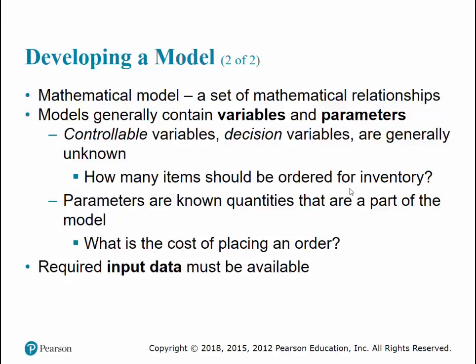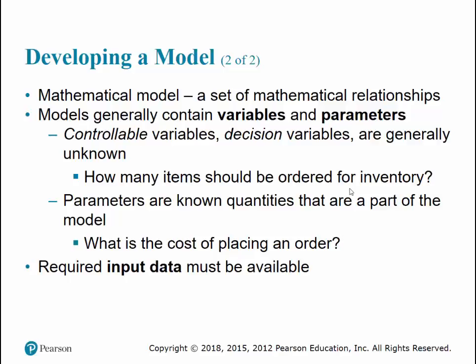Now, as a marketing manager, you need to make a decision as to how much you're going to charge your customers. What is the price that you're going to sell your product at? That would be a decision that you have to make, a variable that is called a decision variable.